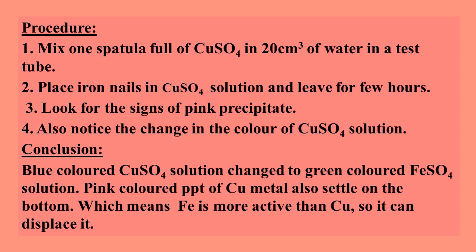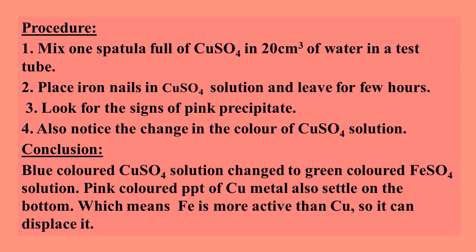Then we will place iron nails in the copper sulfate solution and leave for a few hours. In the third step, we will look for signs of pink precipitates of copper. Then we also have to notice the change in the color of the copper sulfate solution. The conclusion, or the result, of this experiment is that the blue colored copper sulfate solution changed to the green colored iron sulfate solution.